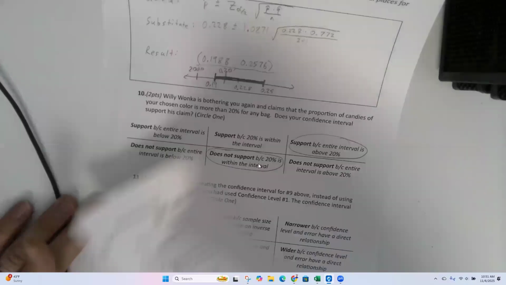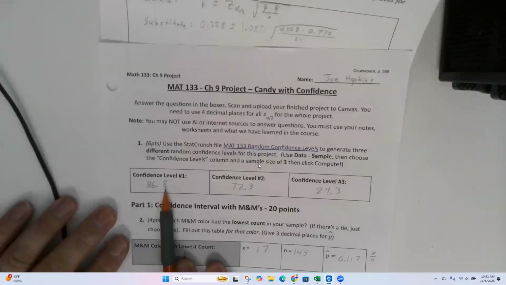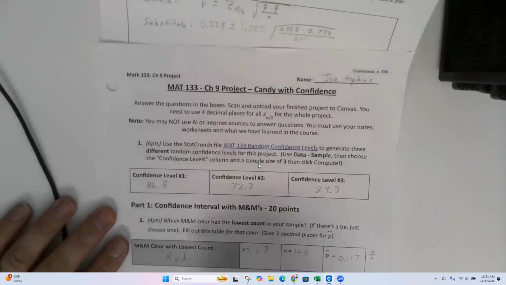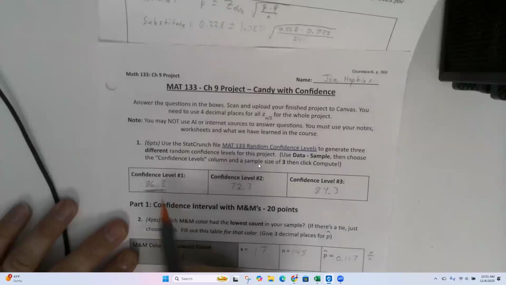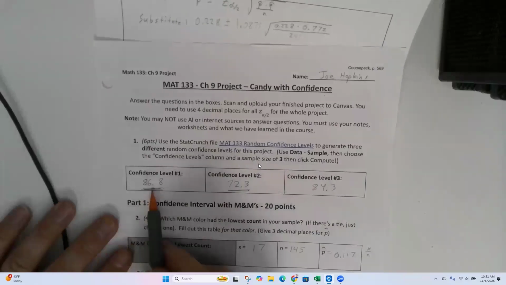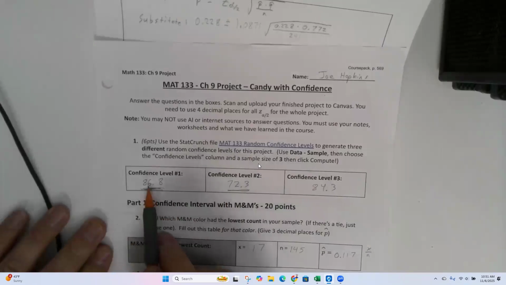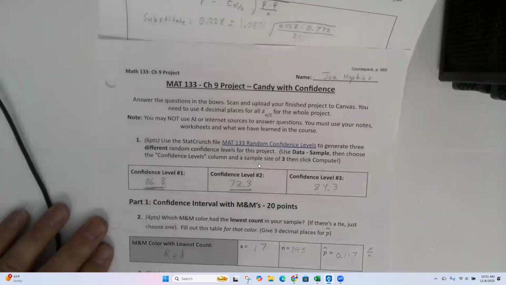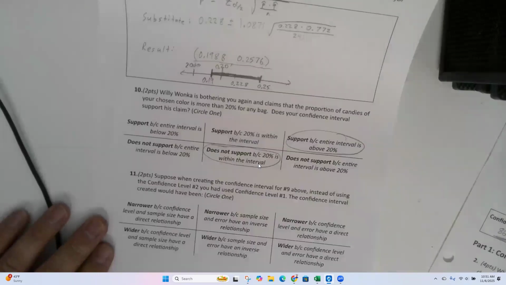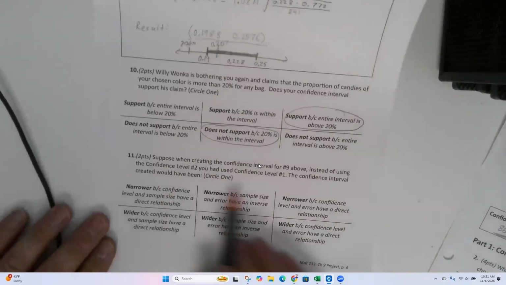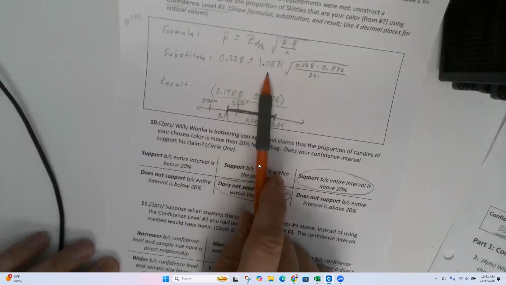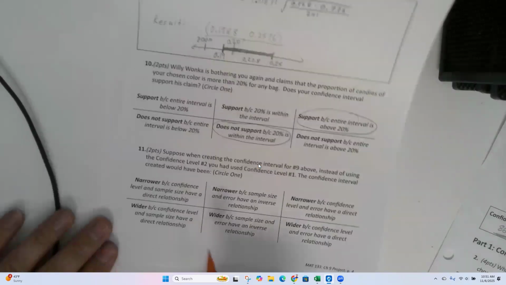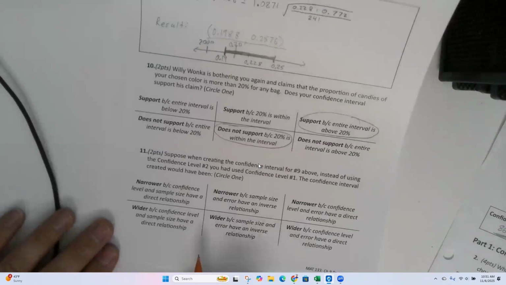Well, let me go back and look at those. So on the first page, you selected a confidence level and another confidence. In my case, this one is a higher confidence than this one. So in my case, I was more confident with the M&Ms and less confident with the Skittles. Okay. So in my case, if I had, instead of using 72% here, if I had used 86%, my confidence interval would have been wider.